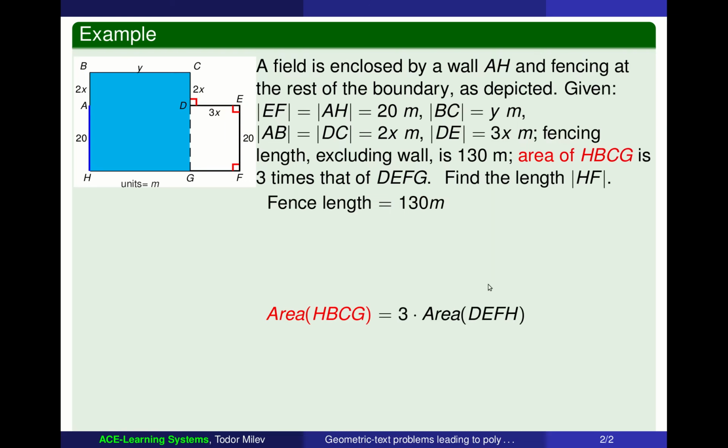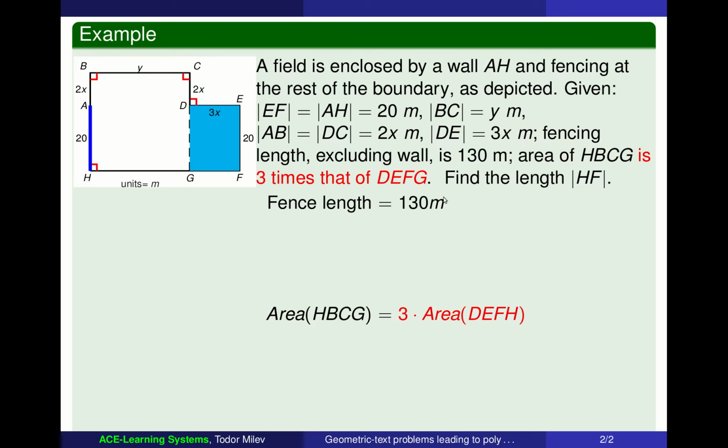We're also given that the area of rectangle HBCG, H, that's this point, B, that's that point, C, there we are, G, is 3 times the area of that other rectangle.